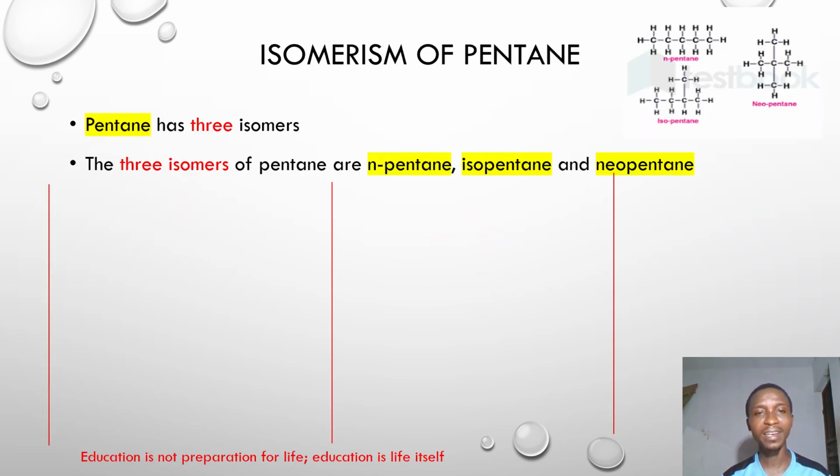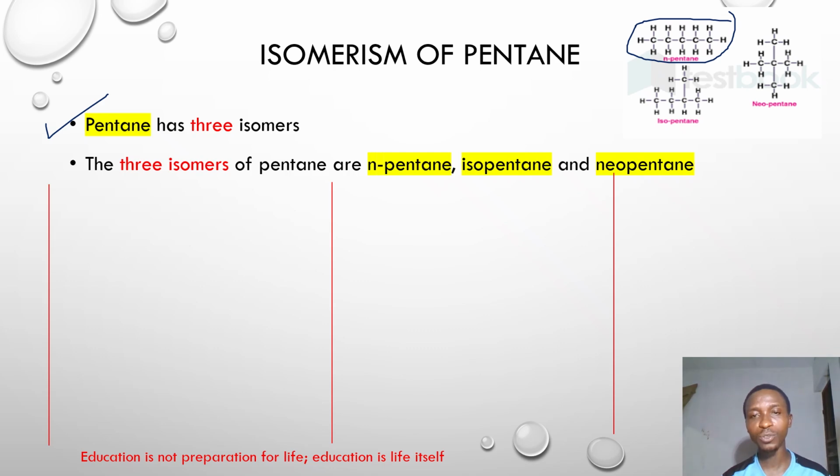Okay, on this slide we are supposed to talk about isomerism of pentane, but because of time we have to suspend that to the next class. But have it at the back of your mind that pentane has 3 isomers. We have the N-pentane, which is here, the normal pentane.